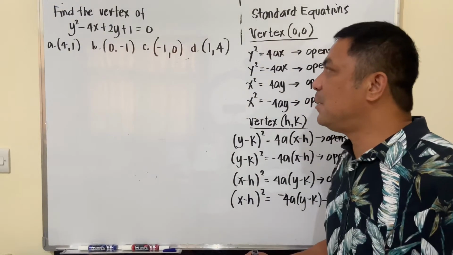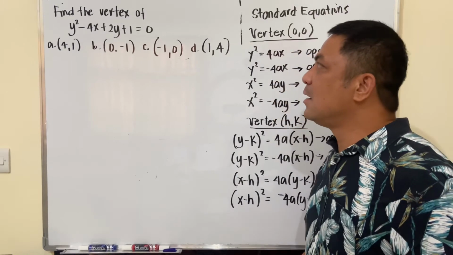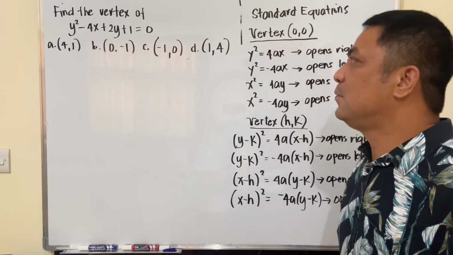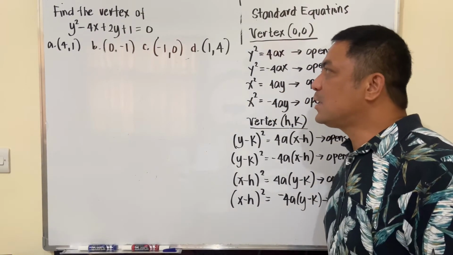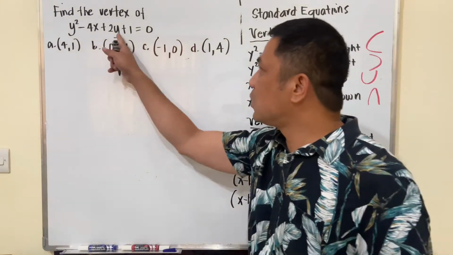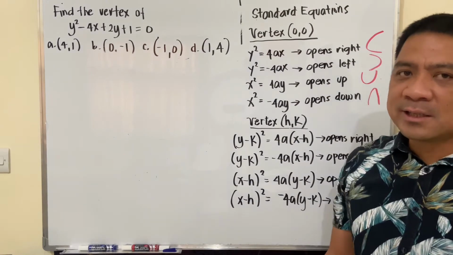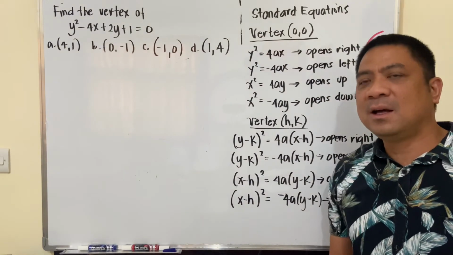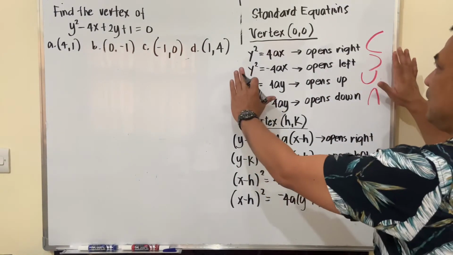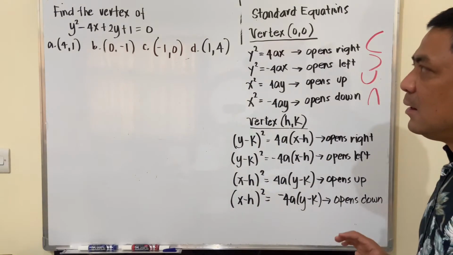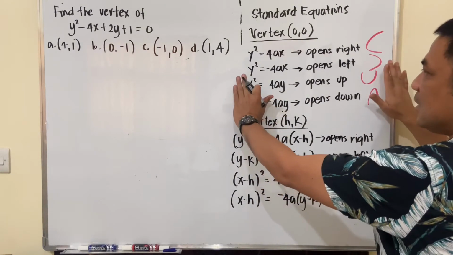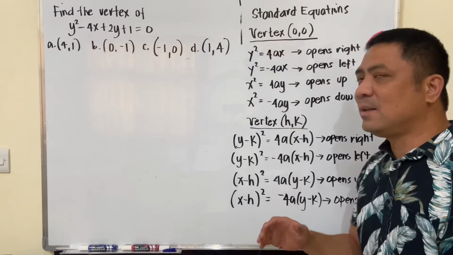Okay, so let's have this problem. We are asked to find the vertex of the parabola which has an equation of y squared minus 4x plus 2y plus 1 is equal to 0. The first rule here is that to get the vertex of your parabola, the equation should be in standard form. Once we transform it to this form, it's easy for us to identify the vertex.